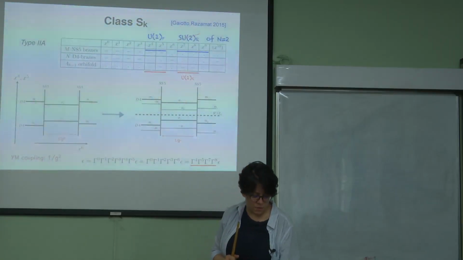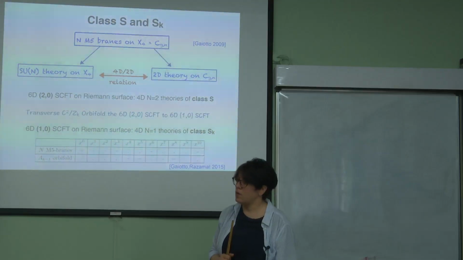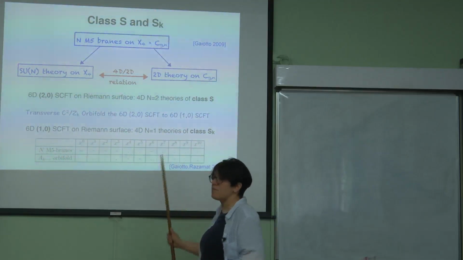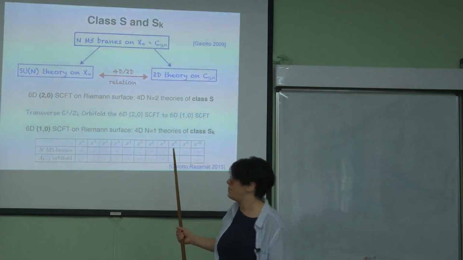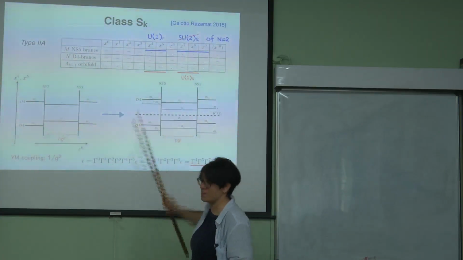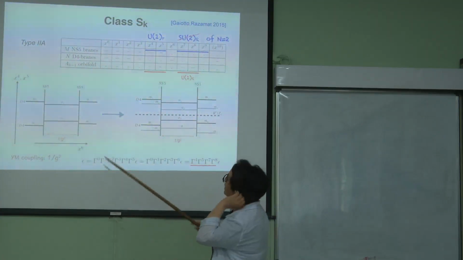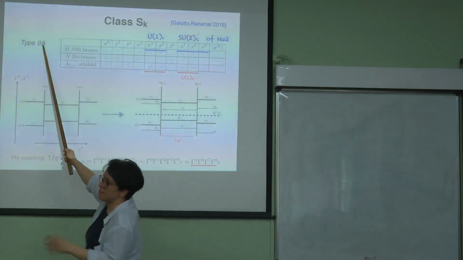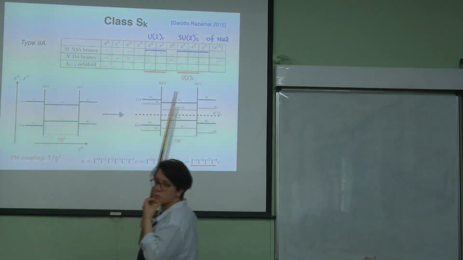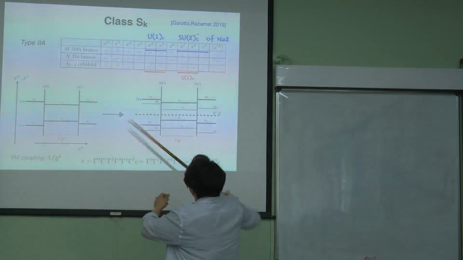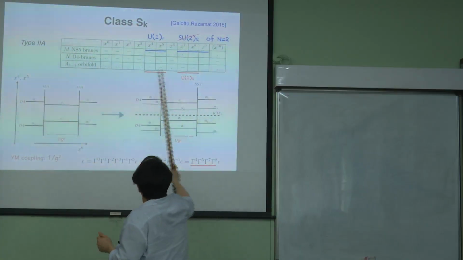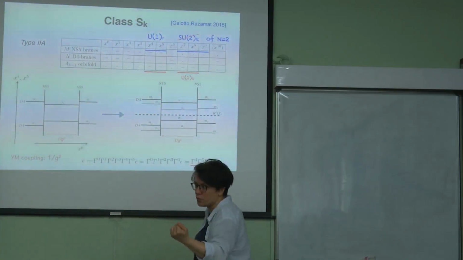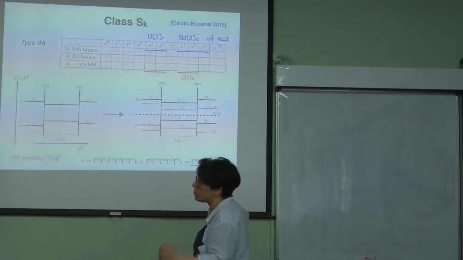Now, what is the symmetry of this? Let's continue because they will all come. So here I start putting everything. A little bit more friendly to the user is the type 2A description. And here, if you delete this line, the last line is precisely what we were doing before, and we had N=2 theories.